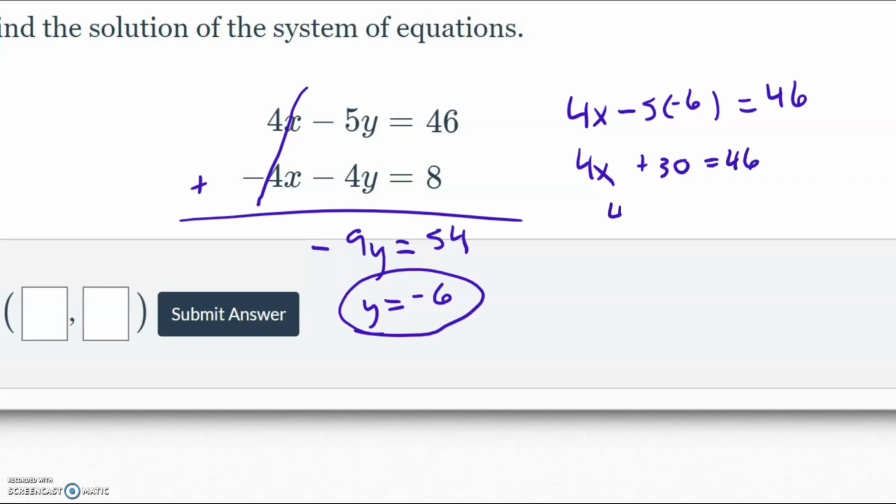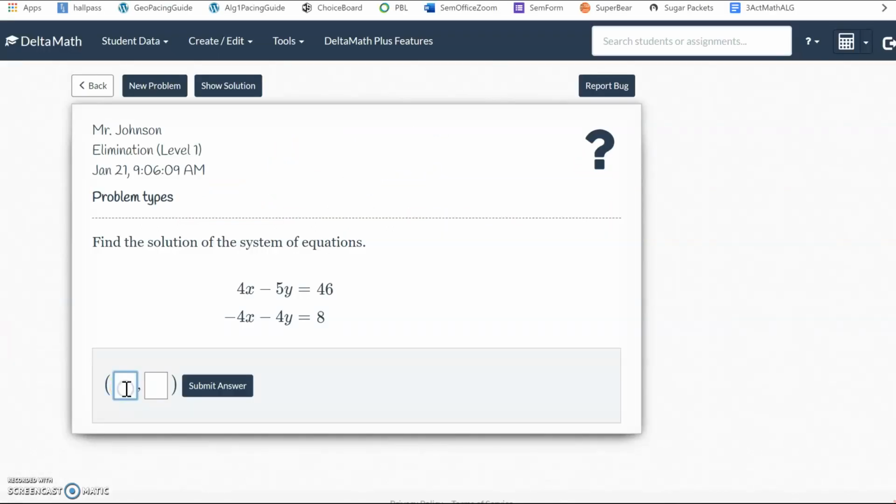Subtract 30 from both sides, and I get 16. Divide by 4, and I get 4. My answer should be 4, negative 6.